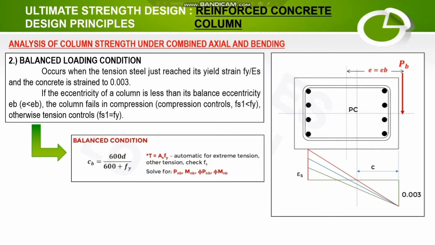Thus, compression controls, fs is less than fy; otherwise tension controls, fs is equal to fy. For balanced condition, cb is equal to 600d over 600 plus fy. And take note that T is equal to As fy, automatic for extreme tension; under tension, check for fs.